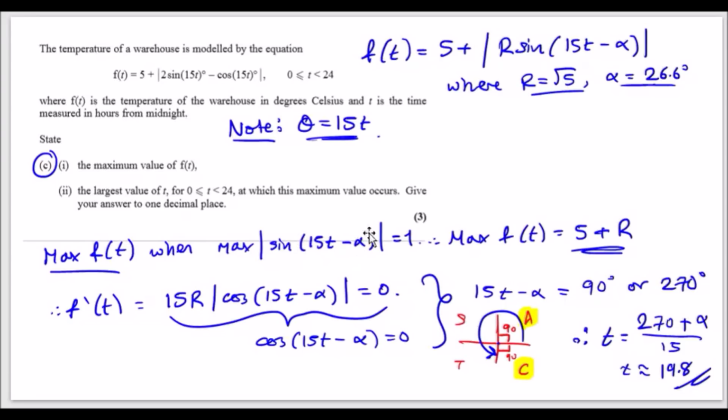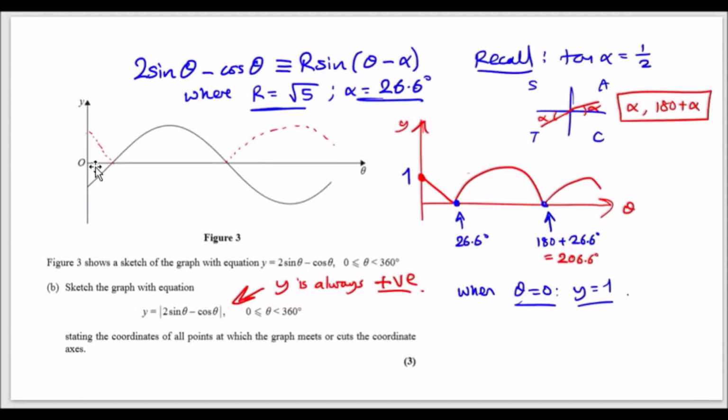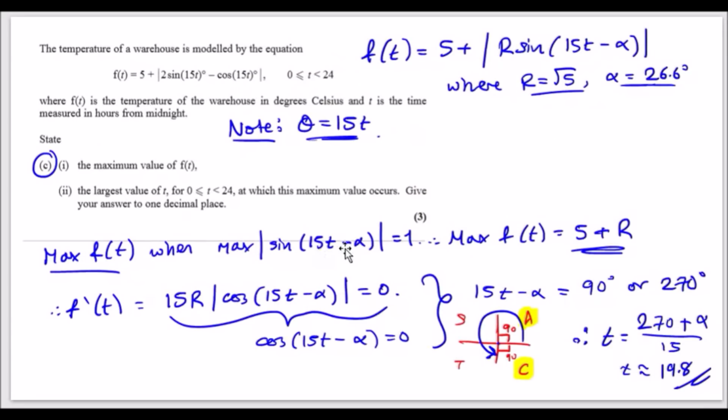So the maximum value of sine is going to be 1, because wherever you get the highest possible sine value, it will be 1. So all of this is 1. And because you have r, you can take r outside, so it'll be r times 1, which is just r. So the maximum value of f(t) is 5 plus r, or 5 plus root 5.